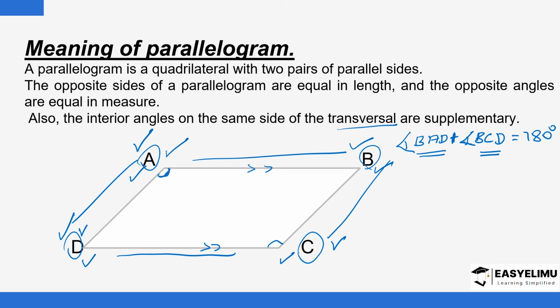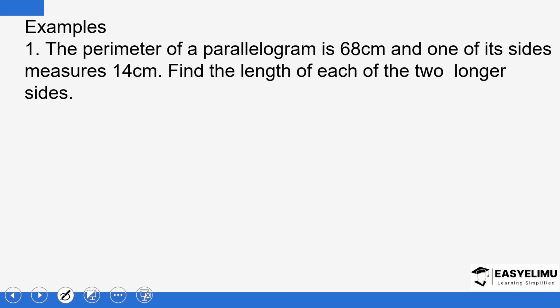We want to see how you find the perimeter of a parallelogram. Of course, it's easy, as we are going to see as we continue with the lesson. We have a few examples to help illustrate how we are able to find the perimeter of a parallelogram.